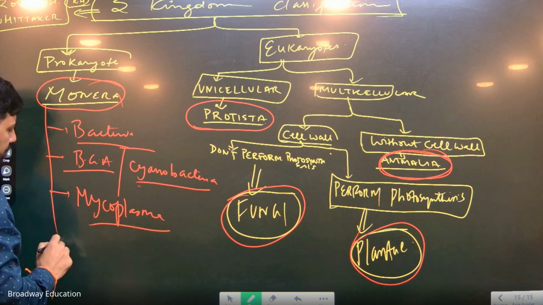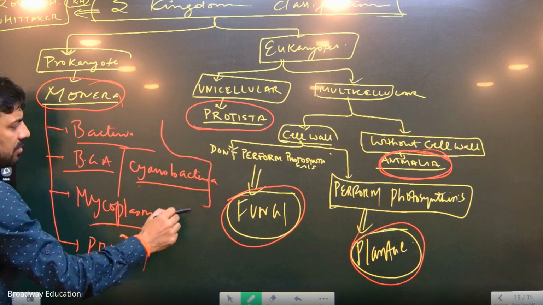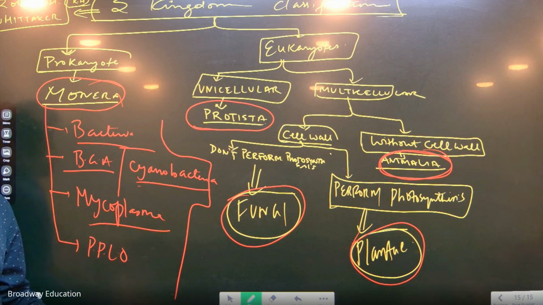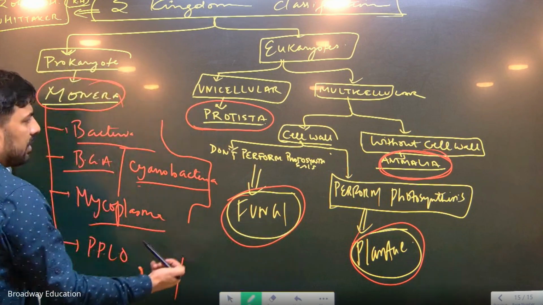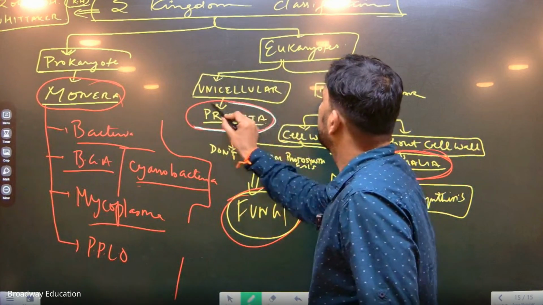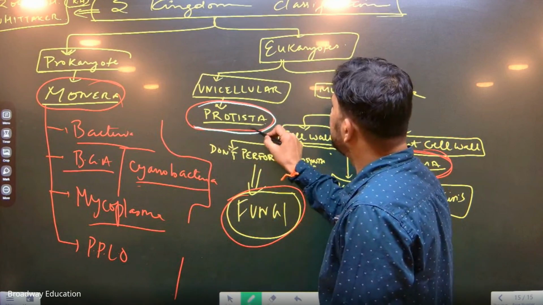Is this part clear with everyone? Then after this, those that are unicellular eukaryotes, and these microorganisms are called protista.